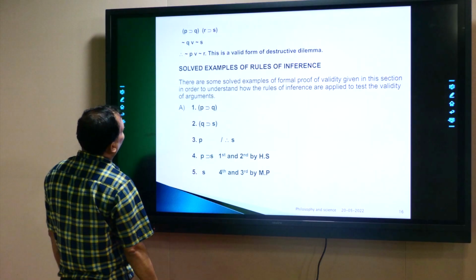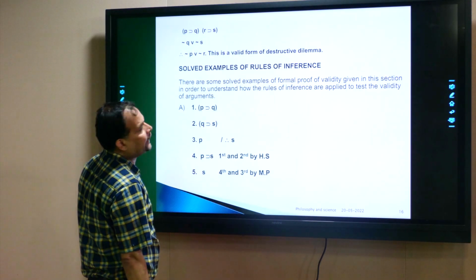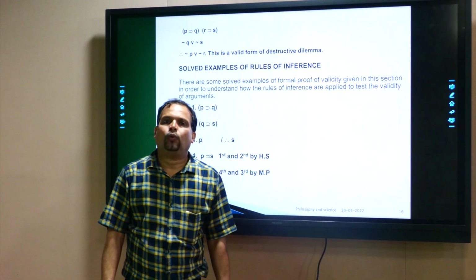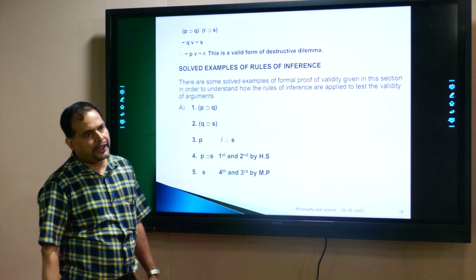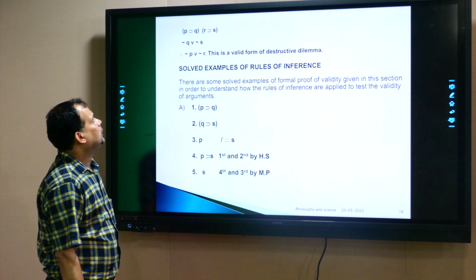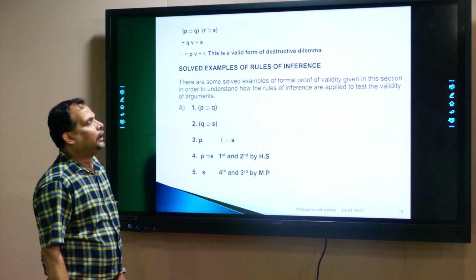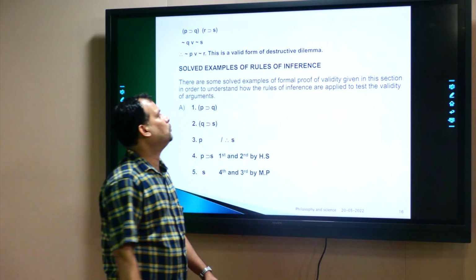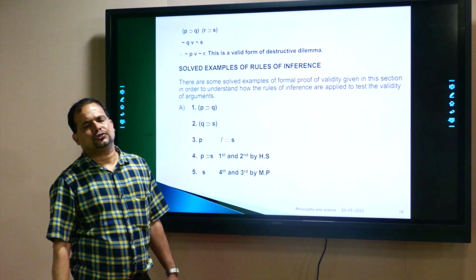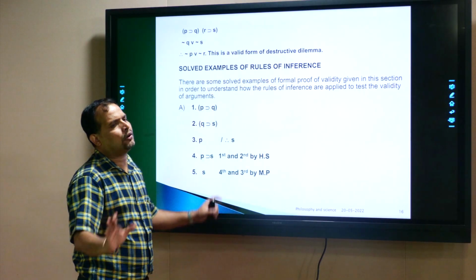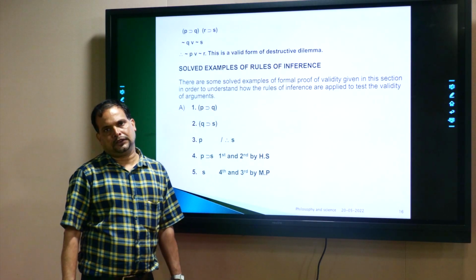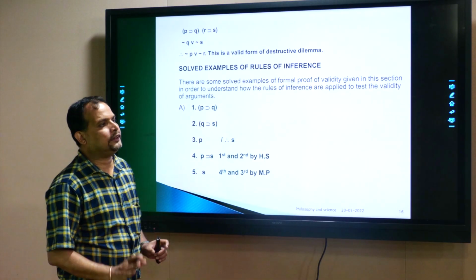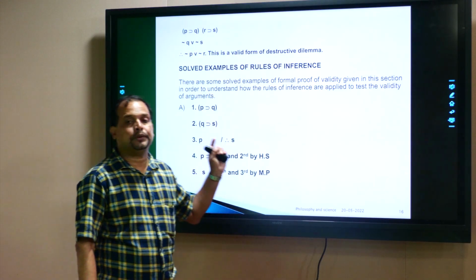P implies Q dot R implies S dot negation Q val negation S. Therefore, negation P val negation R. So this is a valid form of destructive dilemma. So dear learners, this is all about the rules of inference. So how can we symbolize the concrete example? The idea is given to you in the previous slide.